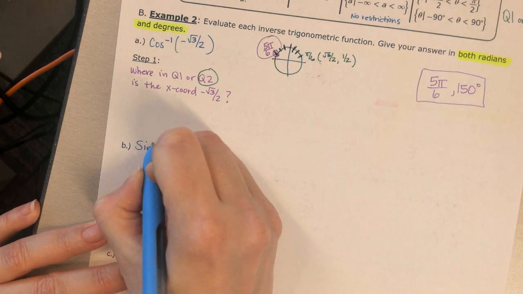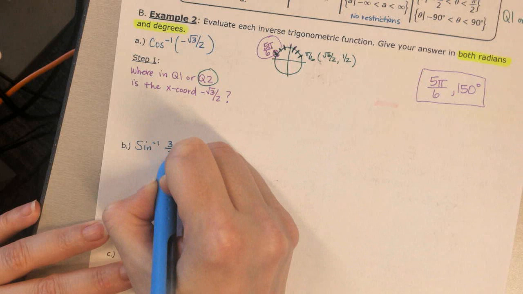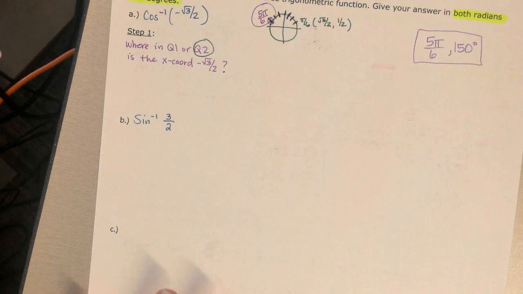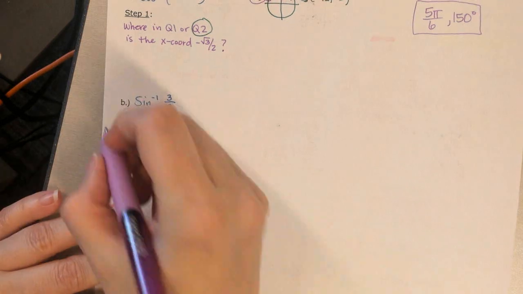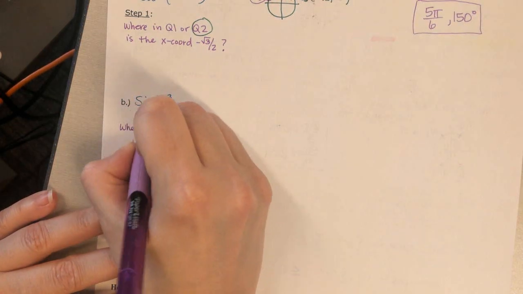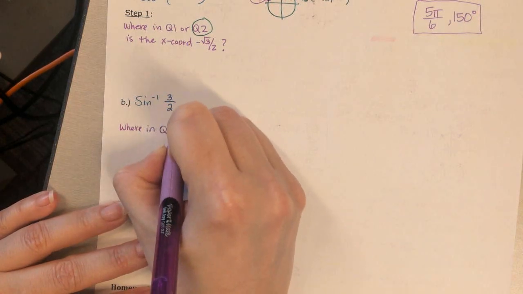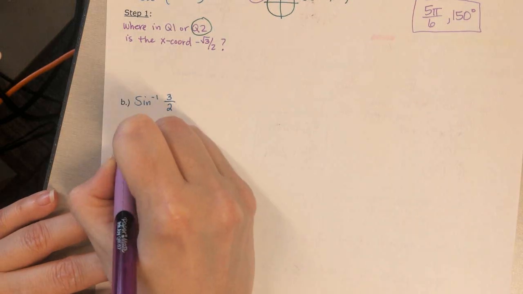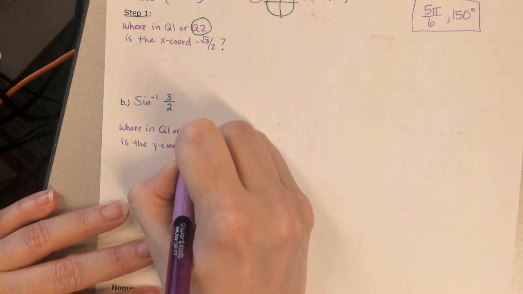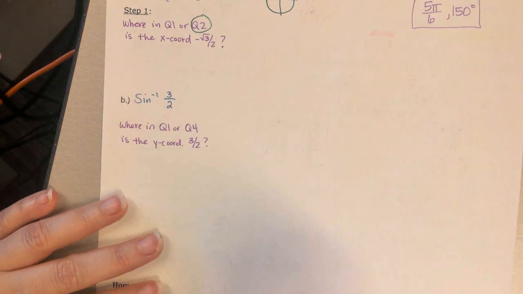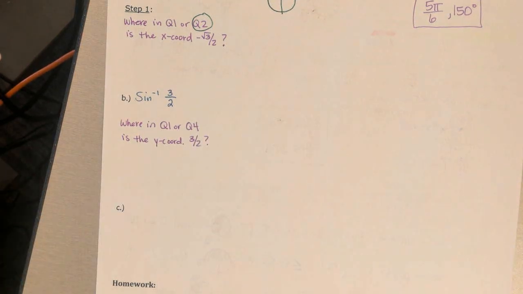Alright, and then the sine inverse of 3 over 2 is the next one. So what we're going to ask ourselves is where in Q1 or Q4 is the y-coordinate 3 over 2. For sine, your restrictions are Q1 and Q4.